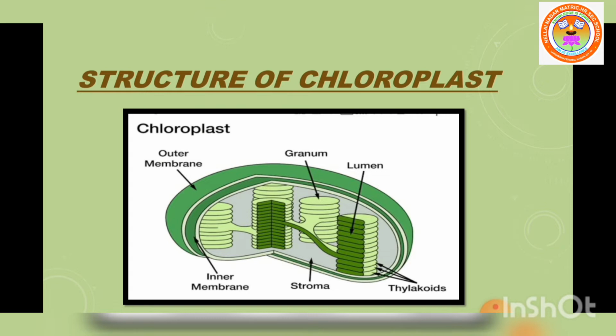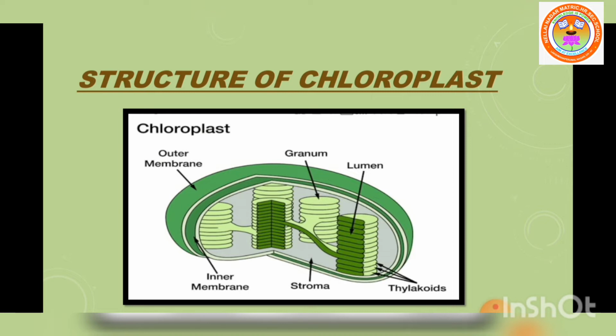Chloroplasts are oval shaped organelles having a diameter of 2 to 10 micrometer and a thickness of 1 to 2 micrometer. In the structure of chloroplast, we can see envelope, stroma, thylakoid and grana.